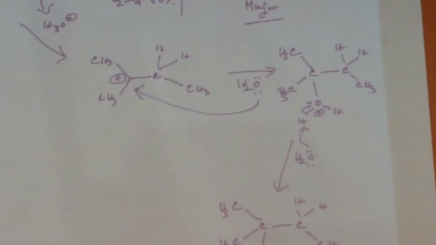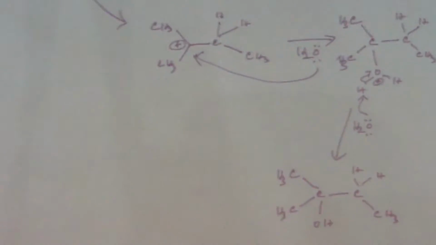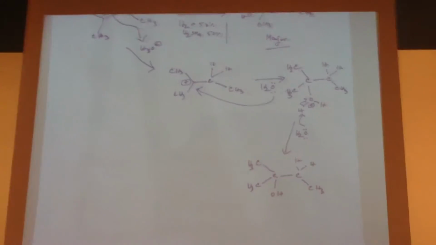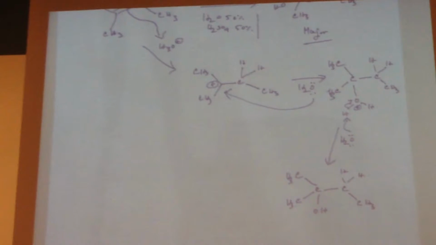Now, it is relevant to also discuss another thing. Remember in the previous chapter, you learned that you can start with an alcohol and make an alkene from that. And in fact, we use sulfuric acid to make that. Remember?